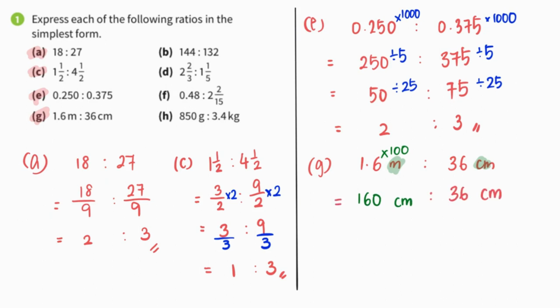And from here, I could slowly divide already. I realized both can be divided by 4, to give me 40 is to 9, and that actually is the simplest form. And do take note, it is really important that for the final answer of a ratio, we usually do not write down the units.